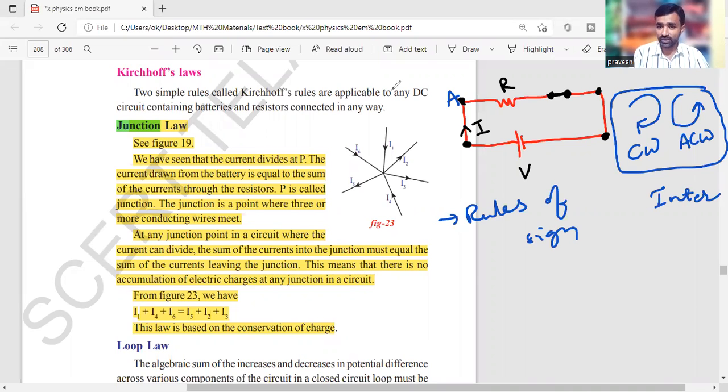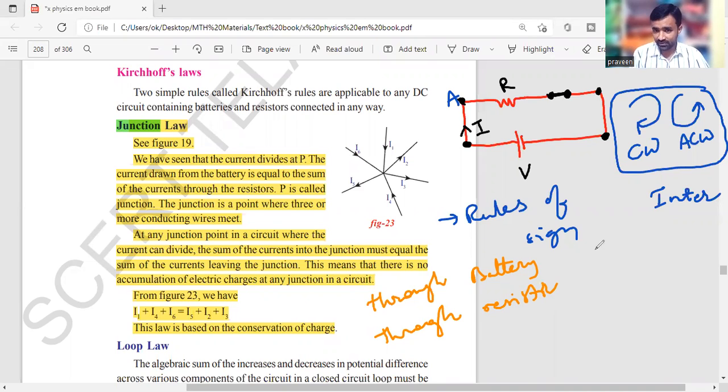So what are the rules of sign convention here? Rules of sign convention apply when we travel through a battery and when you travel through a resistor. So there is importance of sign when you travel through a battery and when you travel through a resistor. Through a battery we have symbols of positive terminal and negative terminal.